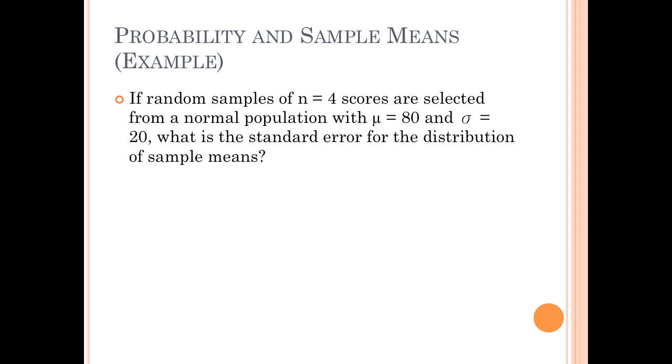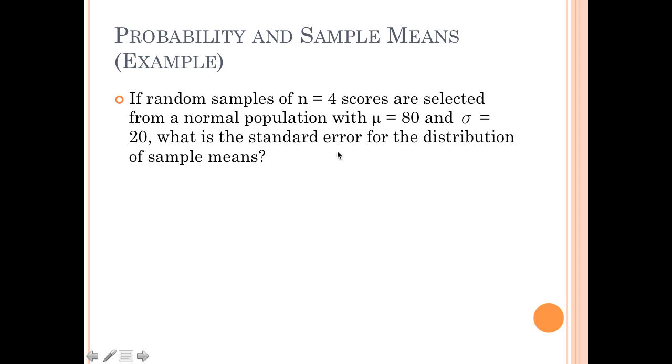Like previous examples where we calculated the probability of a specific score in a population, you would just use your standard deviation as your denominator for calculating your z-score. Whenever you're told a sample was taken and how likely it would be to take another sample of that size and get the same result or same mean, then you're going to use your standard error of the mean as your denominator in your z-score formula.